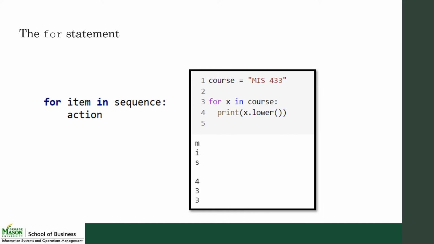This string method converts uppercase letters to lowercase letters. Since our string variable contains numbers as well, the for statement will still iterate on these numbers, but they will not be impacted or modified. You'll see here that we have the output MIS in lowercase along with the numbers 433. The output, however, shows each character in the string printed on a separate line.